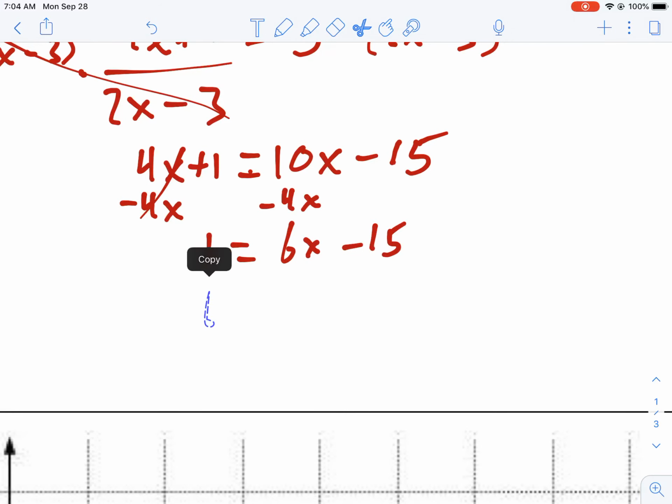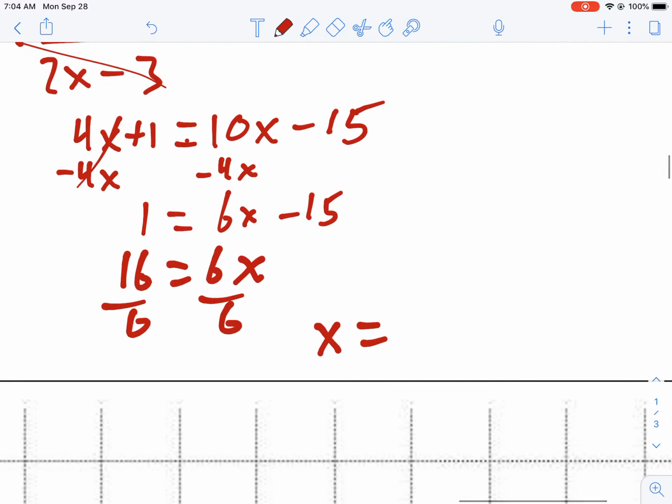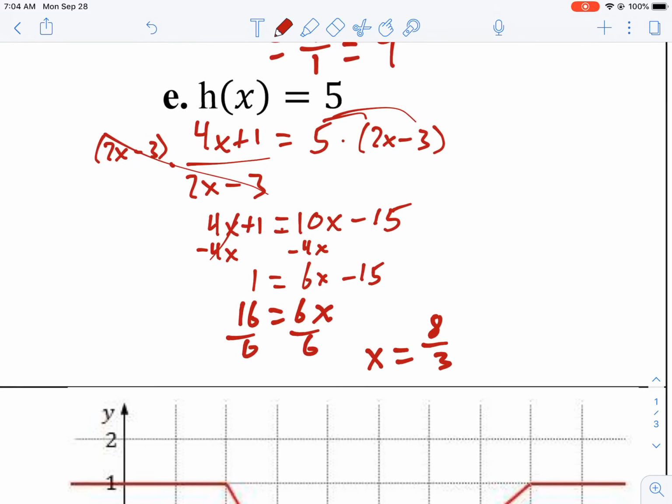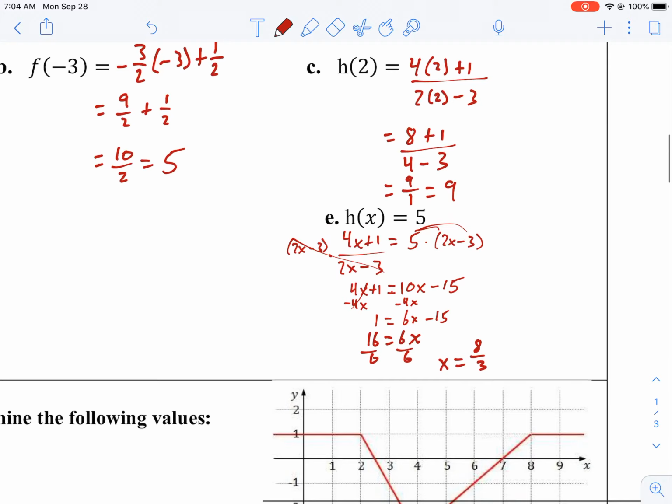Add 15 over, that makes 16 equals 6x, divided by 6. So x equals 16 over 6, which if we divide both those numbers by 2, that would be 8/3. And that is correct.